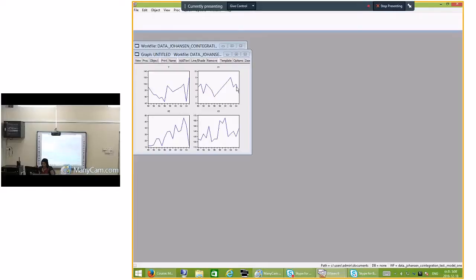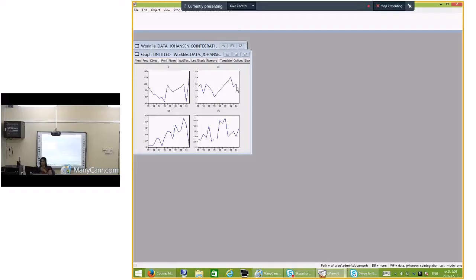This bias means that if you want to judge whether there is a causal relationship between two variables, say y and x1, the results are unreliable. You can find too many significant cases.